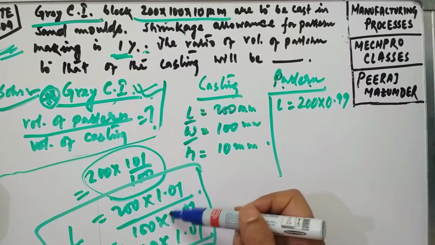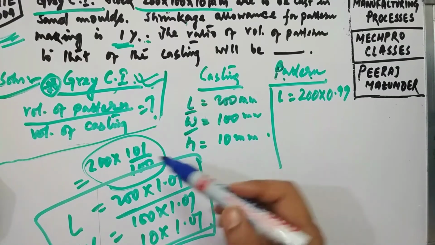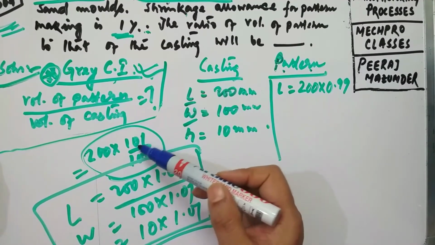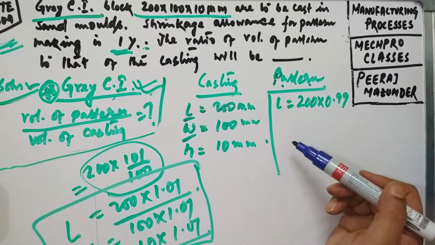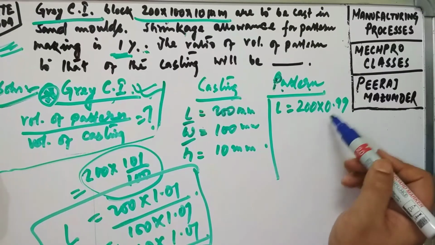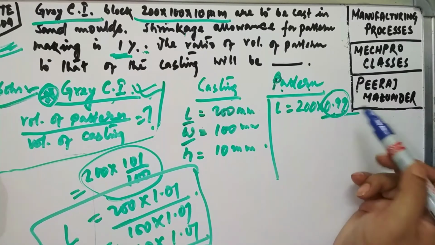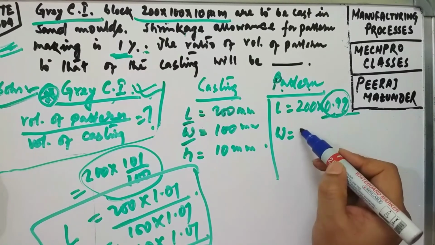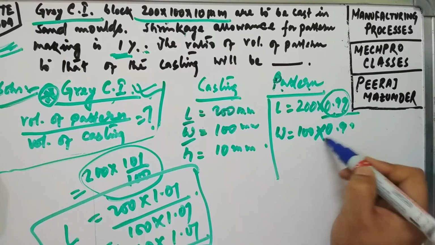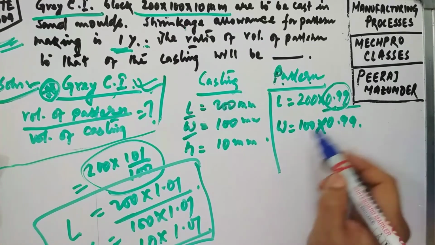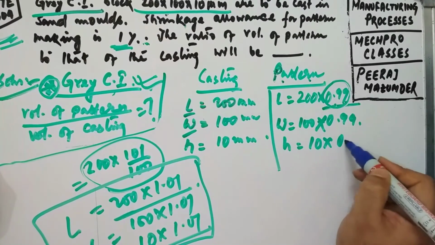For every other material, you have to add 1%, so adding 1% means 101 by 100, that is 1.01. Now for this grey cast iron, we have to minus, so the multiplying factor will be 0.99. For width, it will be 100 into 0.99, and for height it will be 10 into 0.99.